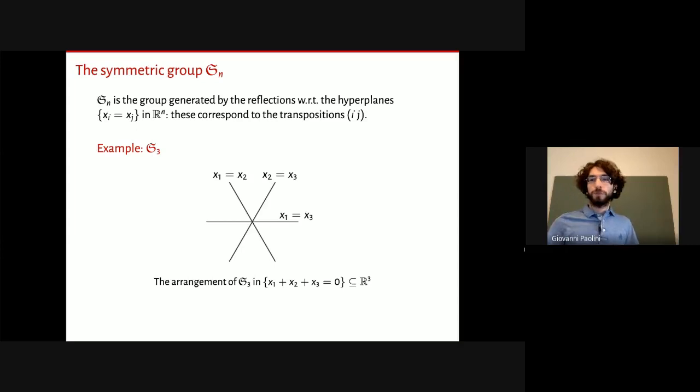The symmetric group sigma 3 can be realized as a reflection group in R2, and we recover the picture that we saw in the previous slide. So we have three reflections, which correspond to the three transpositions in sigma 3. And then we have the identity and two rotations, which correspond to the two 3-cycles in the symmetric group.